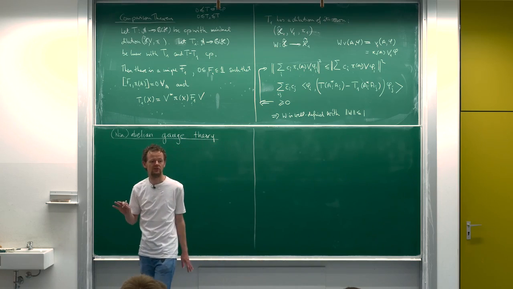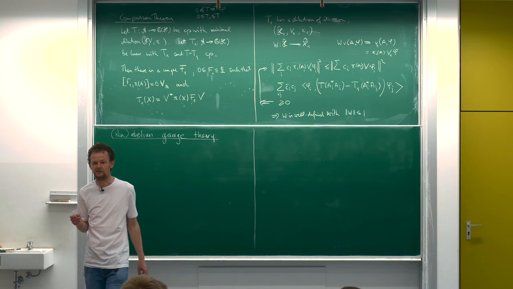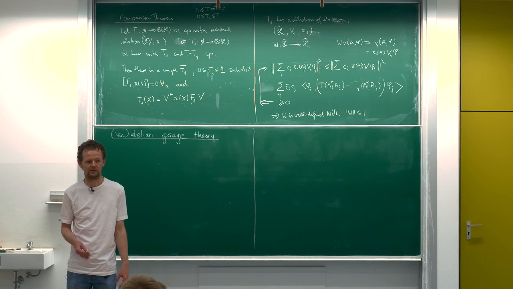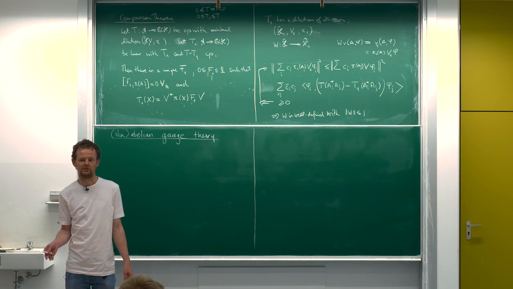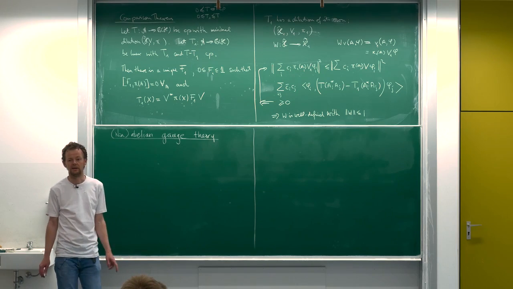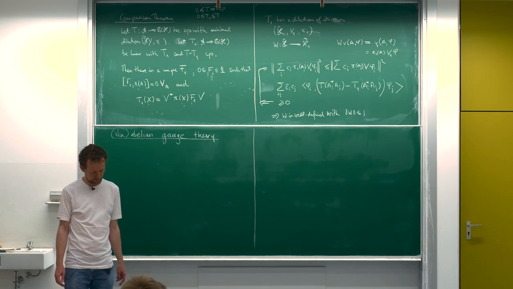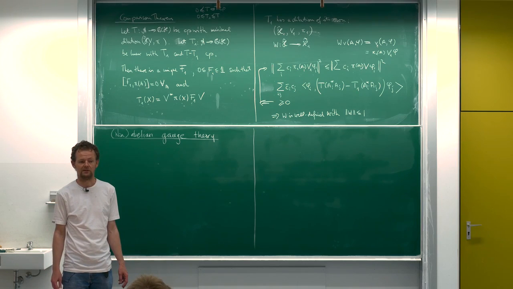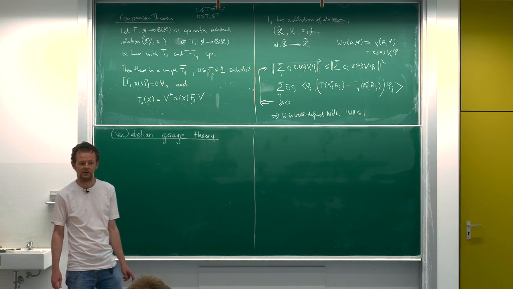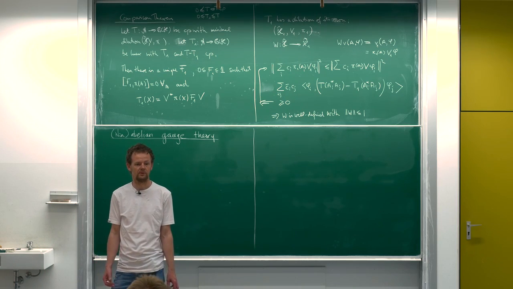I haven't mentioned what this thing is, and even worse, I haven't even given you a hint of how to quantize this thing. So the objective of the middle part of this course is to introduce gauge theories, both of the Abelian and non-Abelian variety, and also tell you how to quantize these things. I'm going to give you two recipes, I hope, by the end of this course. One that works better on computers and one that works better on paper.